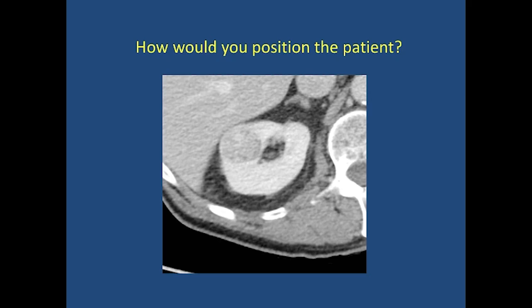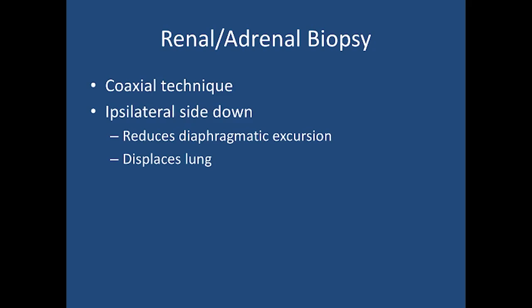Here we have a patient with a right-sided renal mass. And so how would you position this patient for biopsy? Generally speaking, for renal, adrenal lesions or suprarenal collections or masses, we generally use coaxial technique, and we place the ipsilateral side down. That is, in this case, the right side down on the table.